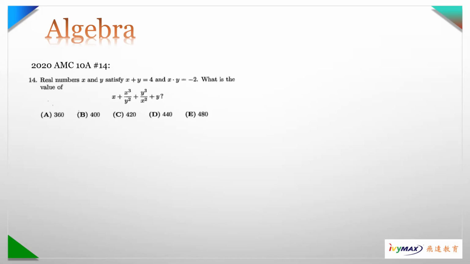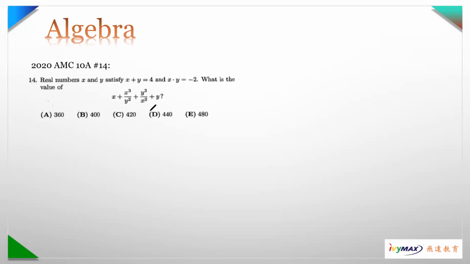I don't have a very efficient way to solve that. I just follow the standard way. I combine the like terms, and I know the common denominator should be x squared y squared if I just combine them.